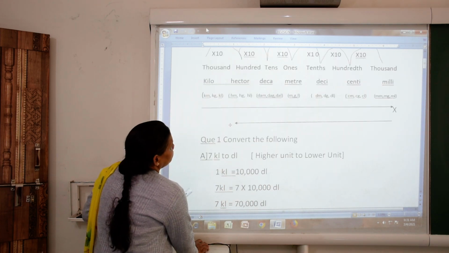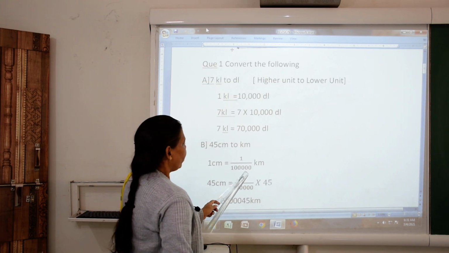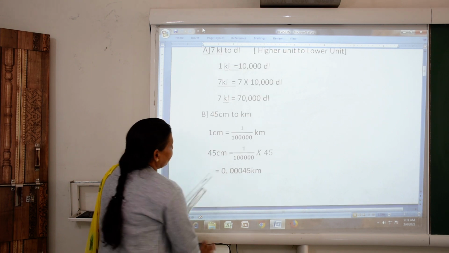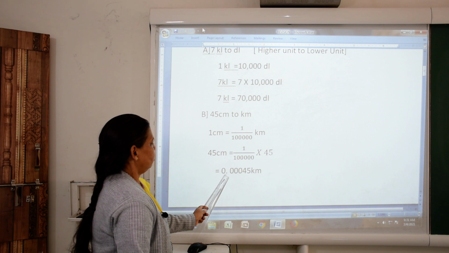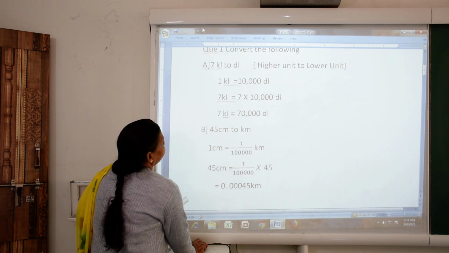So 1 kilometer is equal to 1 lakh centimeter. When we divide 45 by 1 lakh, we get 0.00045 kilometer.